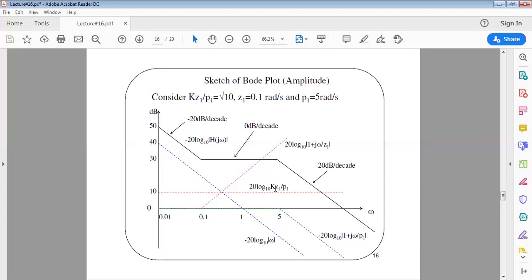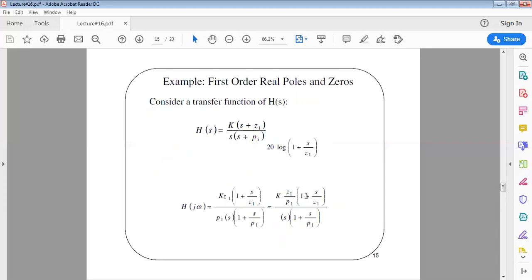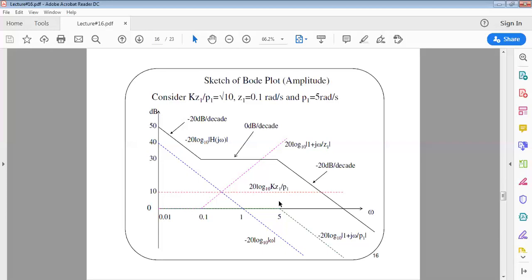We write all of these in terms of the dB scale, so we now consider 20 log of this term plus 20 log of this minus 20 log of s minus 20 log of the pole value. Back to this, we have a constant of 10 dB.